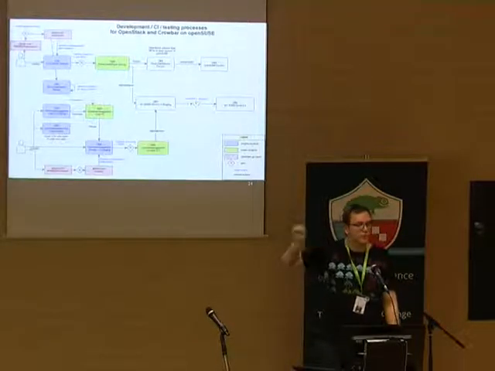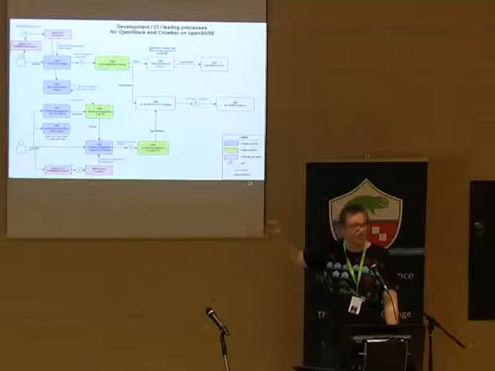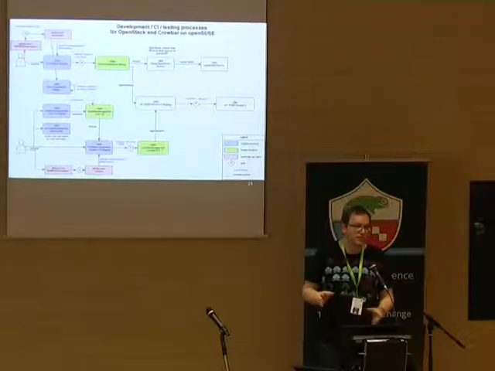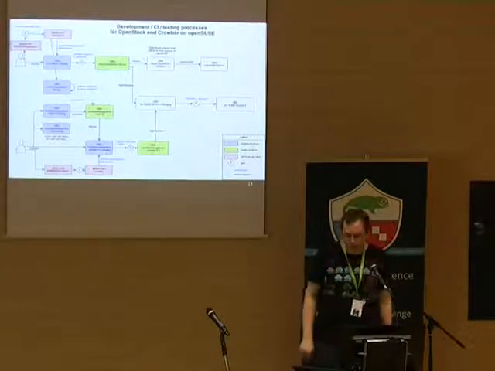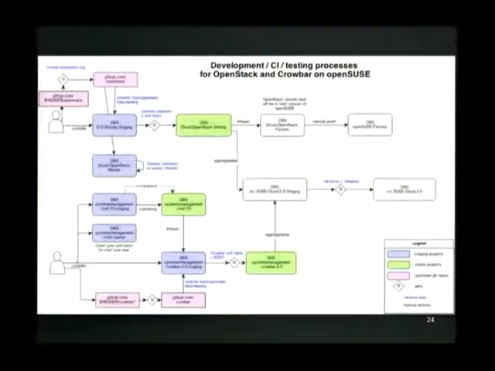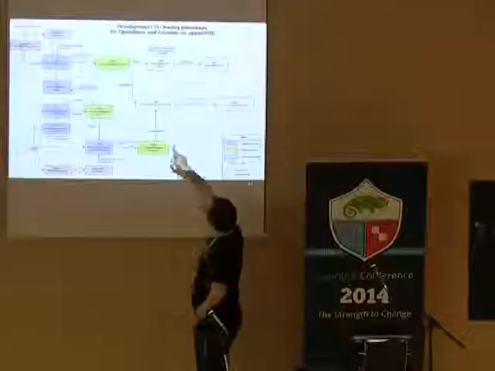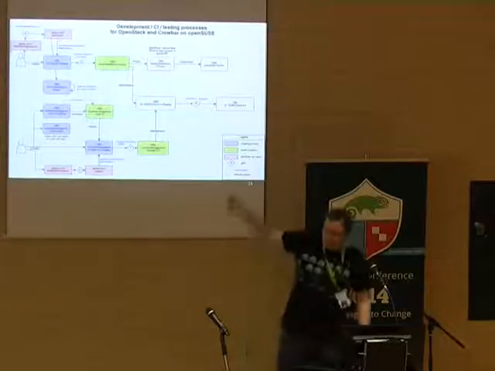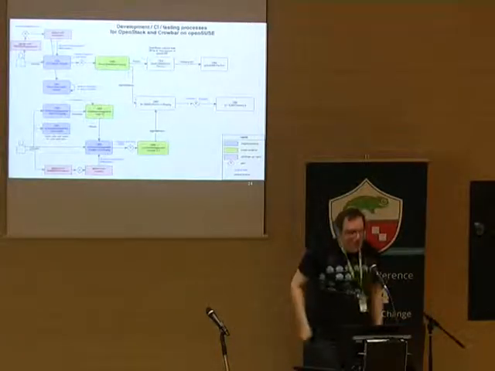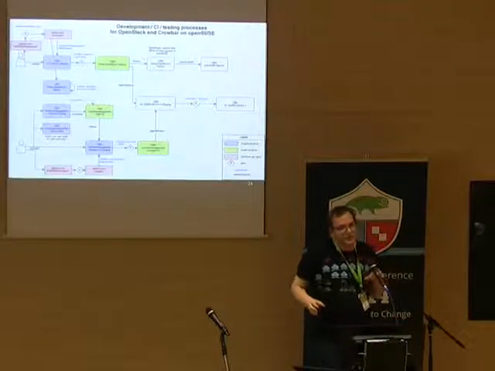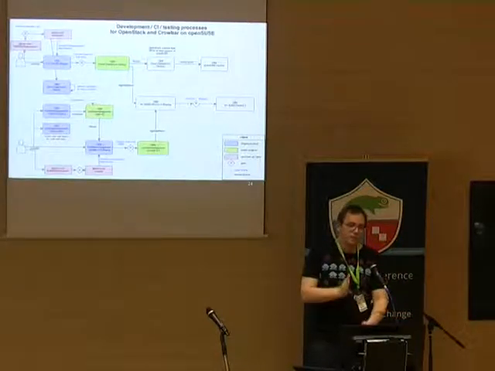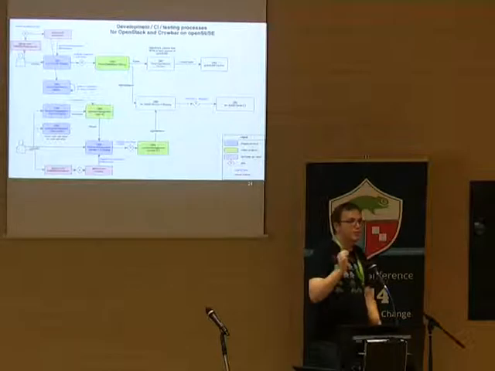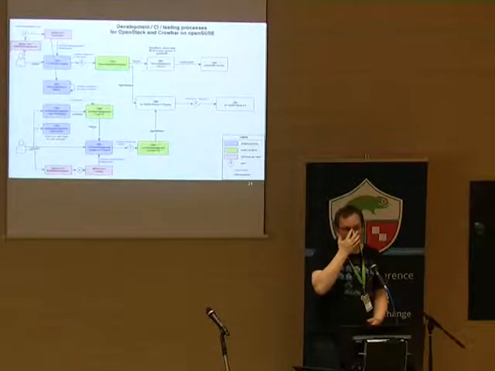But then we want to push that in openSUSE because openSUSE is not made just of some random OBS project. So we have a project which is called, this one, I'll not jump, but you get the idea, the white one, which is called Cloud OpenStack Factory. And so what we do is that we say, okay, we're going to ship the Icehouse version of OpenStack in the next version of openSUSE.